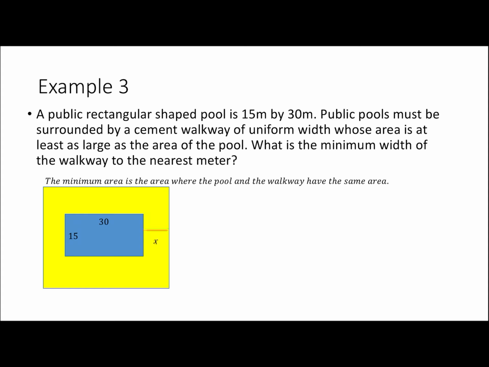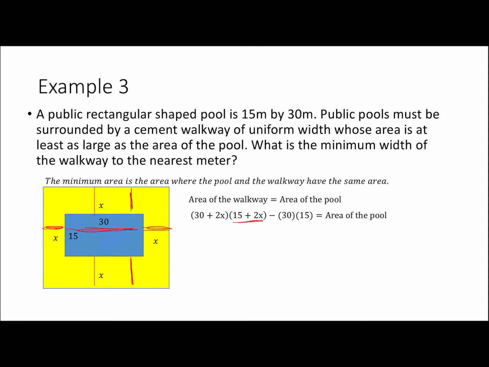Well, what's the area of the walkway? The area of the walkway is the full length, 2x plus 15, times 2x plus 30, minus the area of the pool.